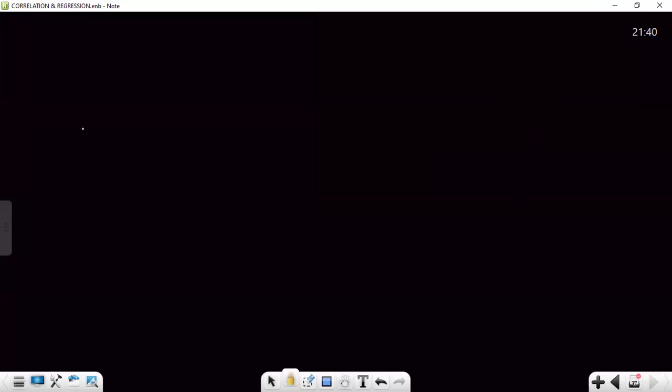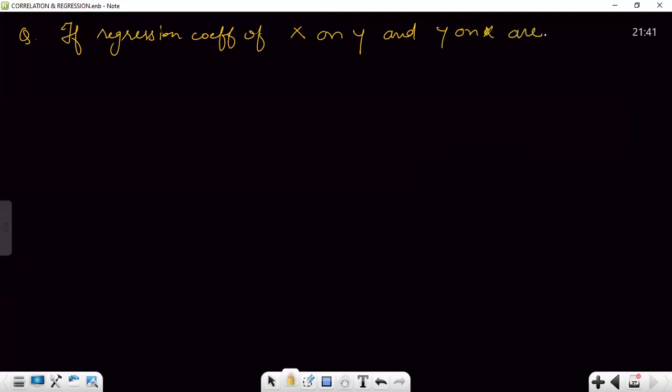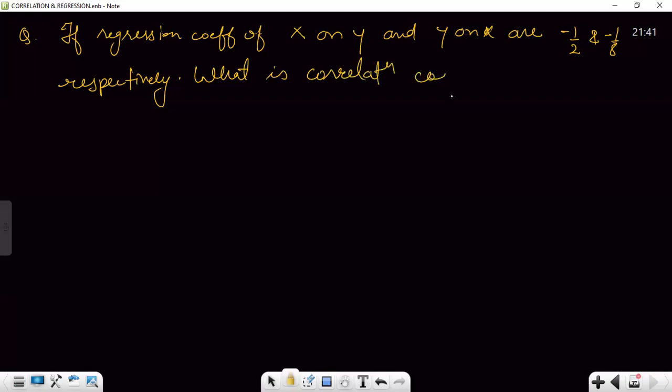Let's take some questions. If the regression coefficients of x on y and y on x are minus half and minus 1 by 8 respectively, then what is the correlation coefficient?